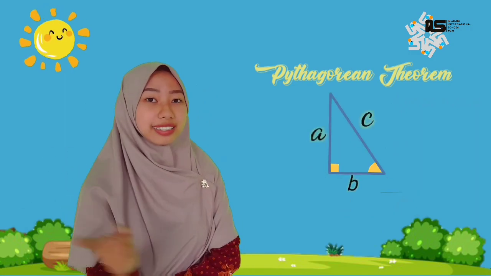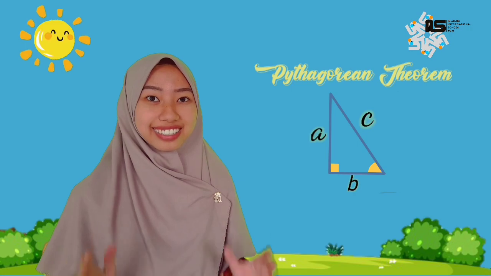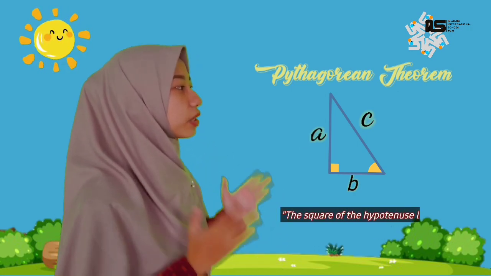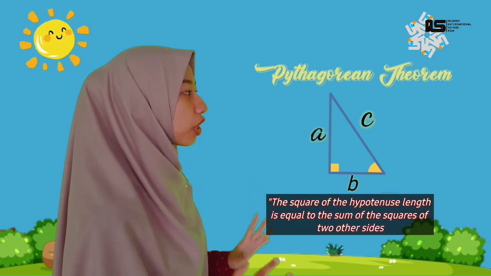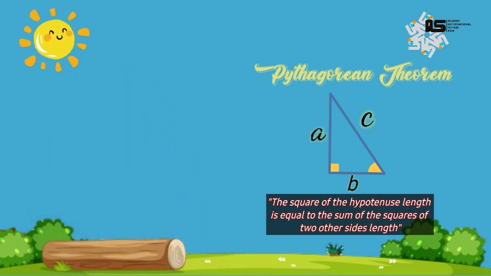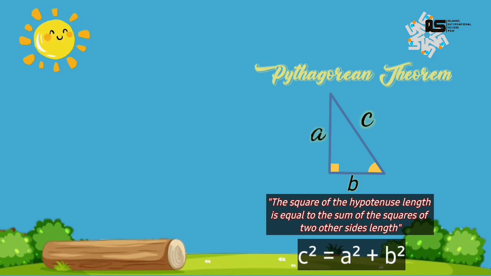The Pythagorean Theorem says that for a right triangle, just for a right triangle, the square of the hypotenuse length is equal to the sum of the squares of the two other sides' lengths. Because the hypotenuse of this triangle is C, we can write C square is equal to A square plus B square.